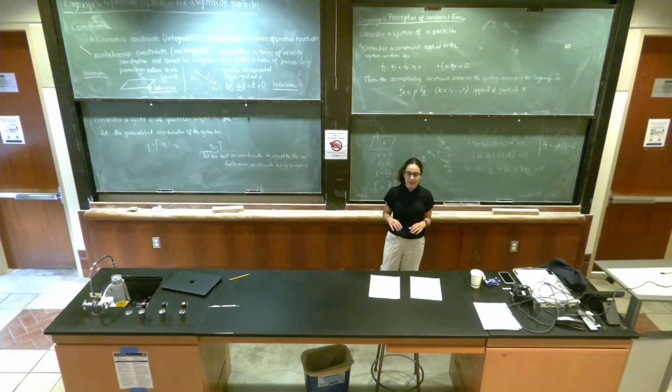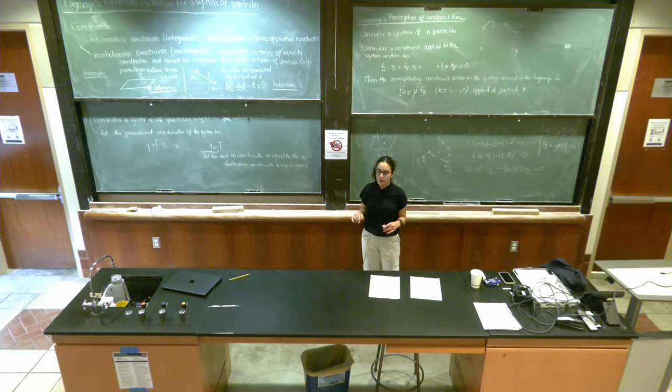Let's repeat. I have a system of n particles, 3n coordinates, m holonomic constraints. How many degrees of freedom does the system now have? For example, if I have the simple pendulum, that's one particle, 3 coordinates, but it's subject to 2 constraints, that the length of the pendulum is constant and that it's moving in the plane.